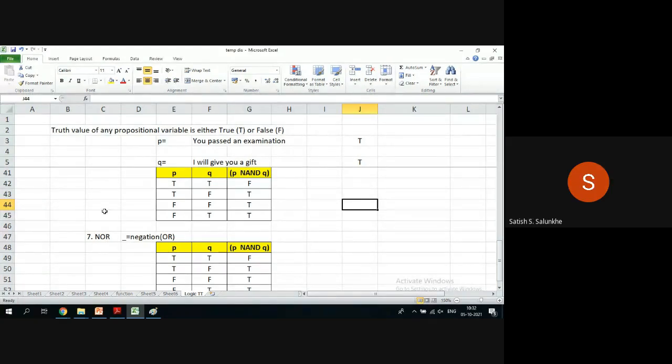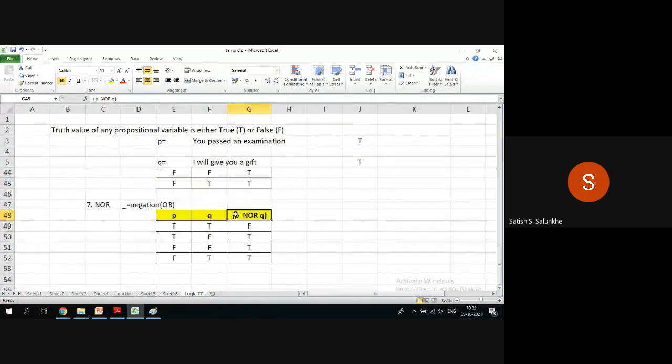So, negation of OR, basically this is NOR, and you are just performing the OR operation. True or true is true, its negation is false. True or false is true, its negation is false. False or false is false, and its negation is true. False or true is true, its negation is false. That's it.